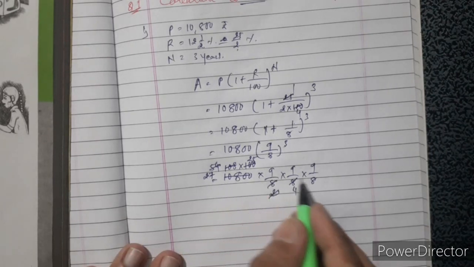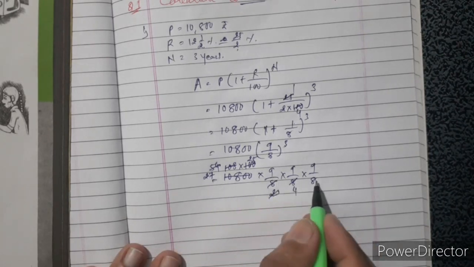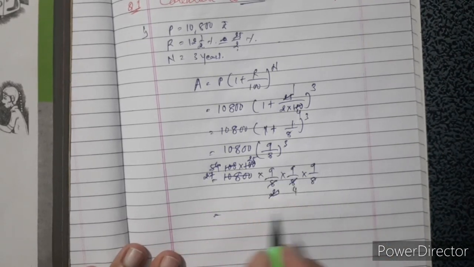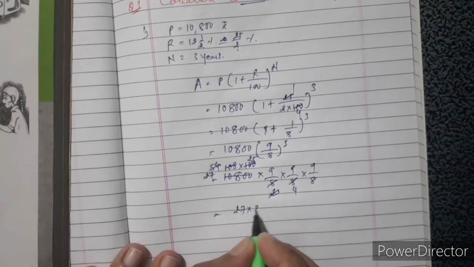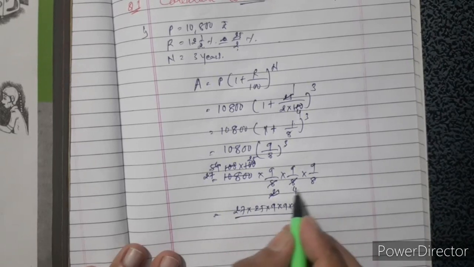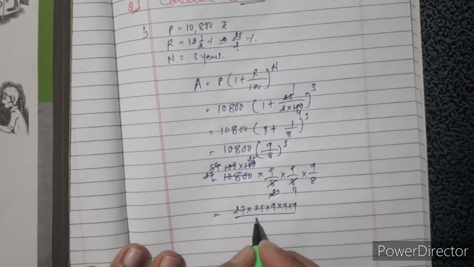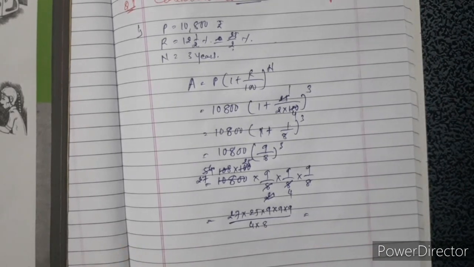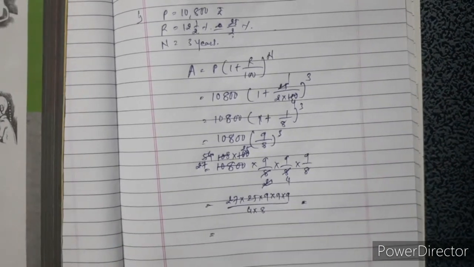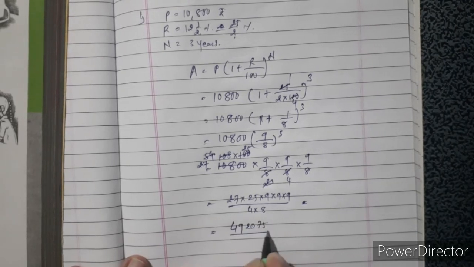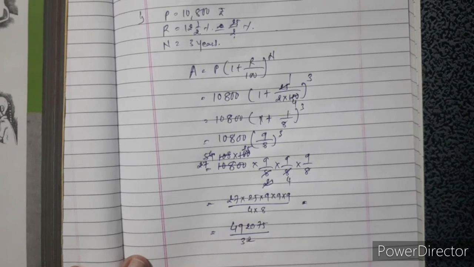Now no common factors are there, so multiply 27, 25, 9, 9 and 9, that is 27 into 25 into 9 into 9 into 9 divided by 8 into 4 into 8. The multiplication is 492075 divided by 8 fours are 32.